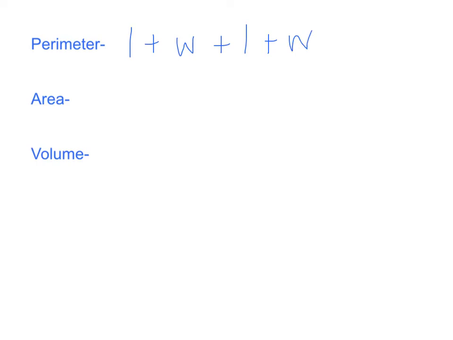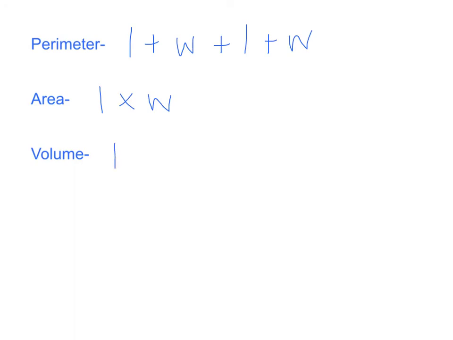Go ahead and get your notebooks out because we're going to take some notes on what we just learned. When you're dealing with perimeter, all you're doing is you are adding the length plus the width plus the length plus the width. You're just adding up all of the different sides. When you're dealing with area, you are multiplying the two sides to get your centimeters squared because there's a length times a width.